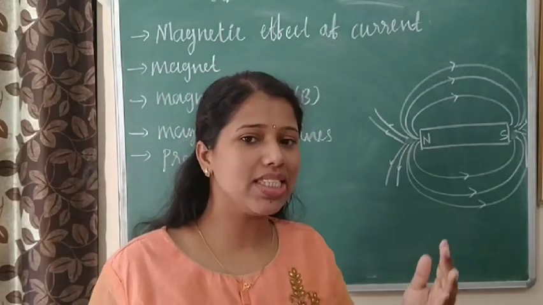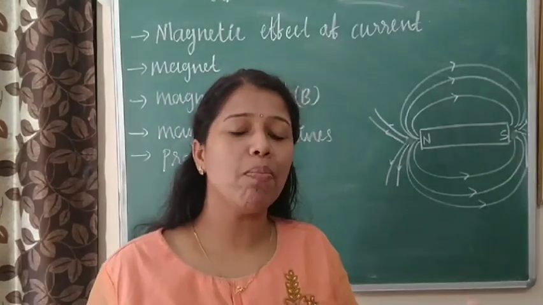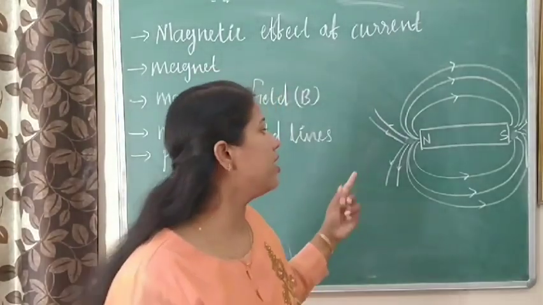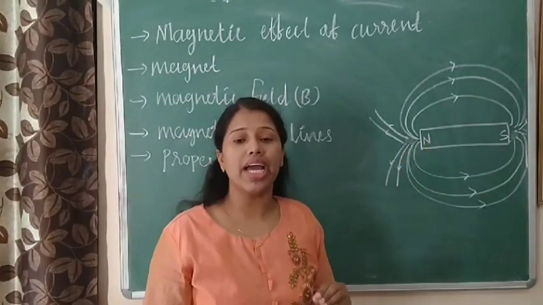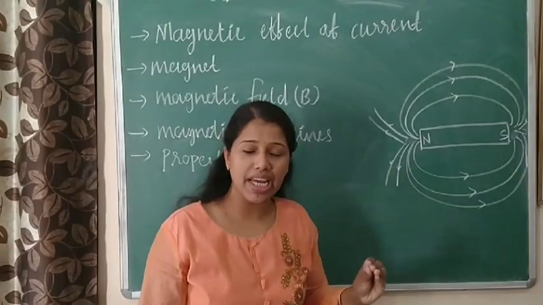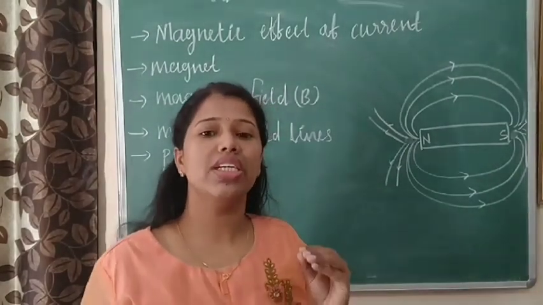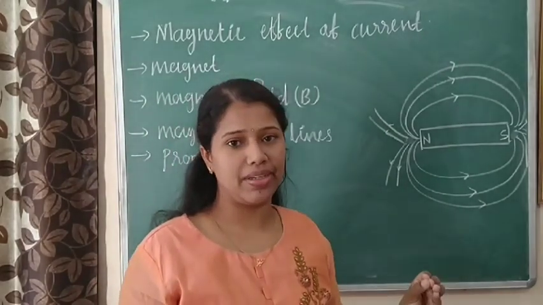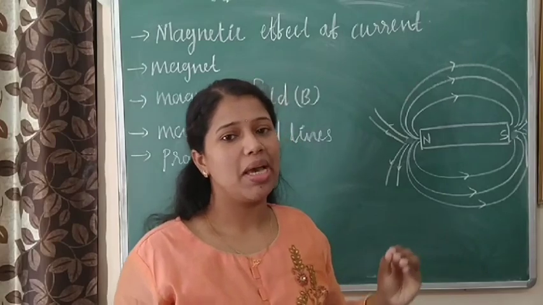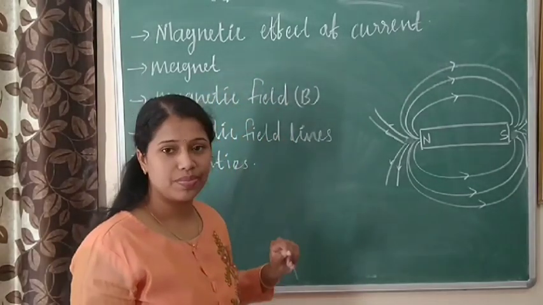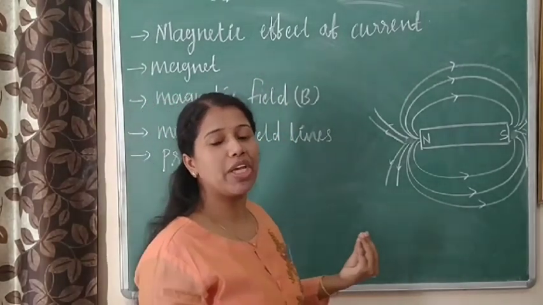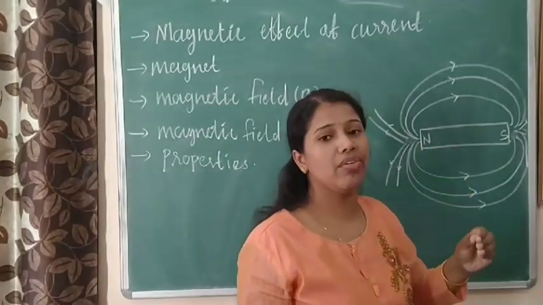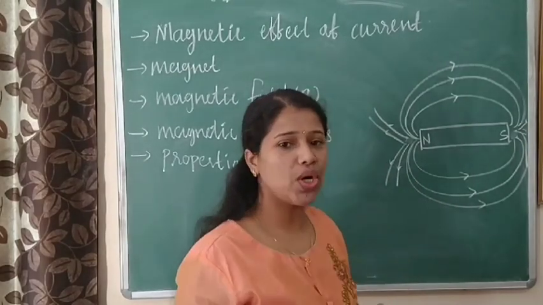It is a substance that attracts small pieces of iron and points in the north-south direction when suspended freely. That is known as a magnet.